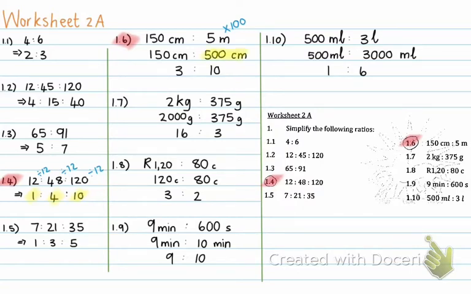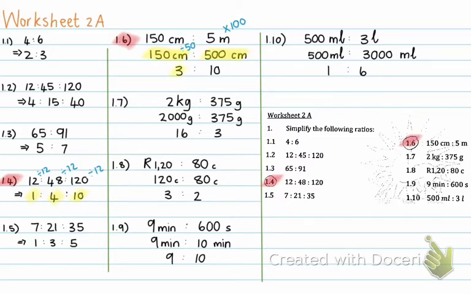So now I have 150 centimeters on the left hand side and 500 centimeters on the right hand side. And now we have to divide both those numbers with something so that it's simplified. And I see that I can divide both those numbers with 50. So if I say 150 divided by 50, that's going to give me 3.